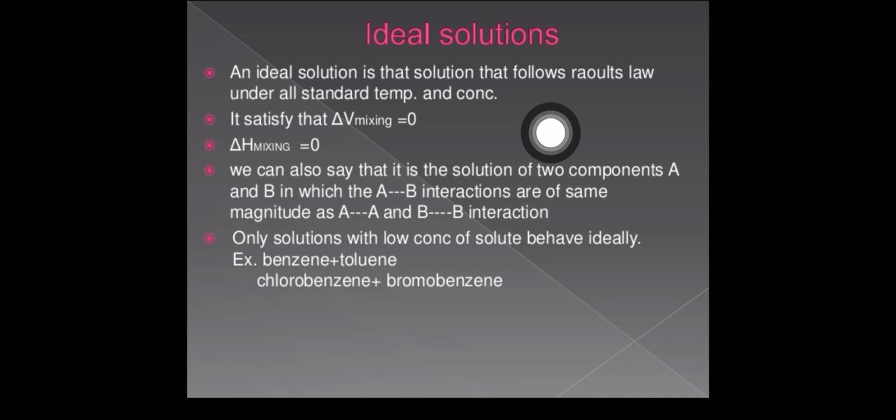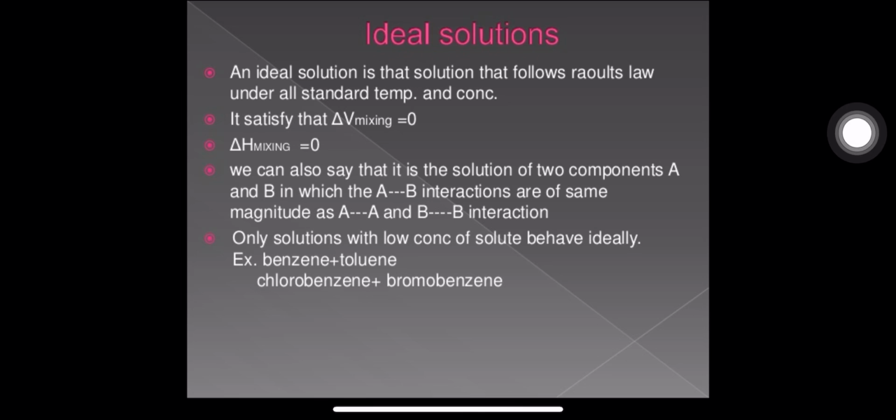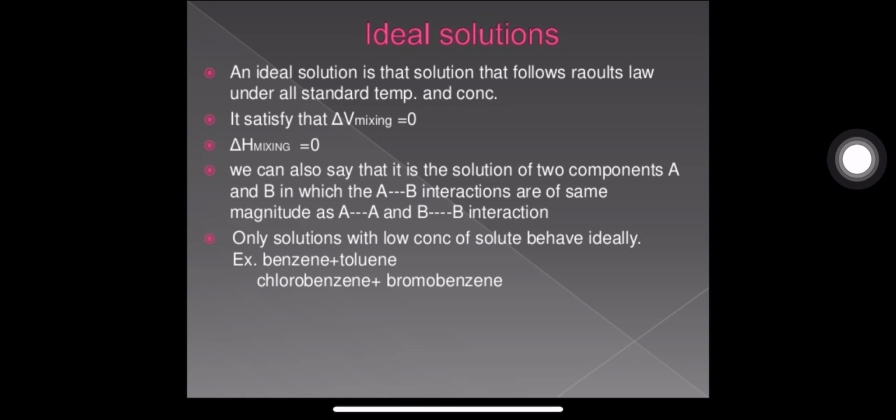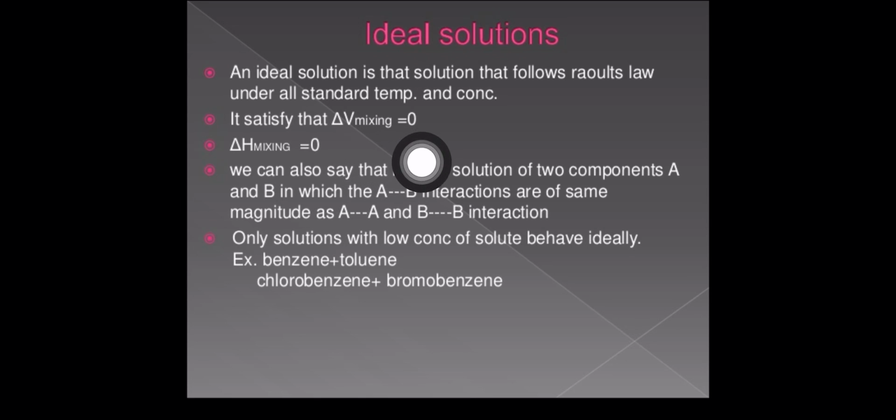For example, component 1 has some specific volume like 5 ml, and component 2 has a specific volume of 7 ml, and when it is forming the solution, the volume of the mixture, that is the whole solution, will be 5 plus 7, that is 12, right? So there is no difference in the volume, means there is no loss of volume or gain of volume. That's why it is said that delta V mixing is equal to 0.